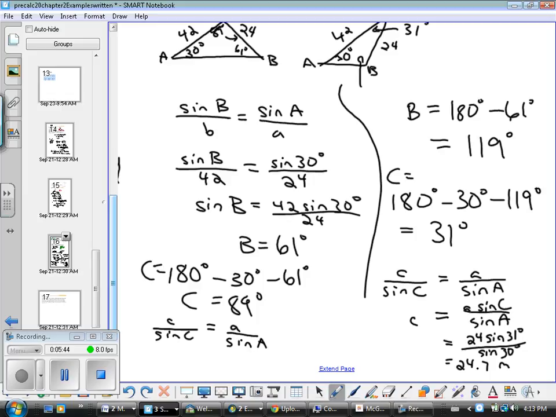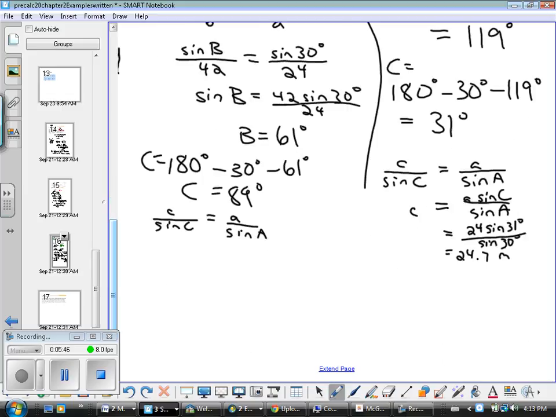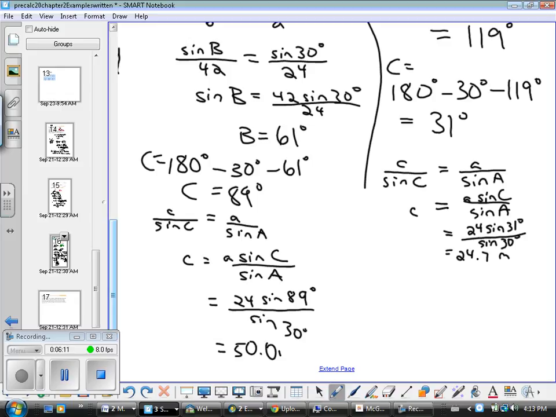And over here we get 24 sine 89 over sine 30, which is about 50 meters. So that allows us to solve for both of our triangles.